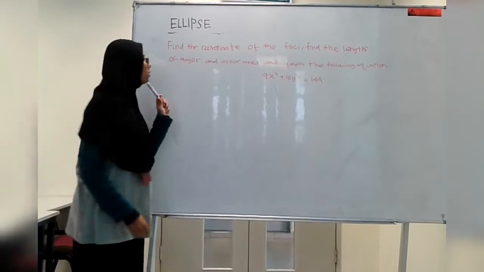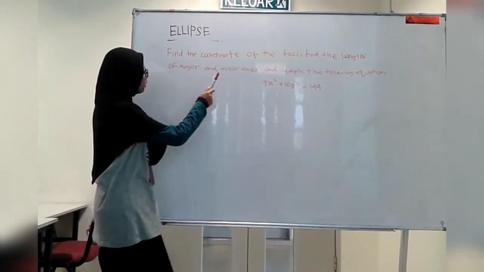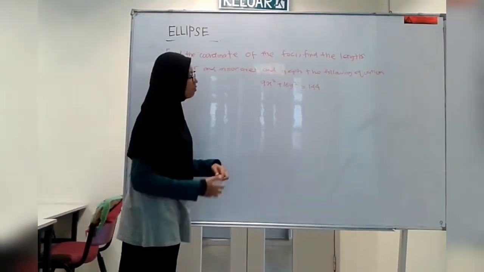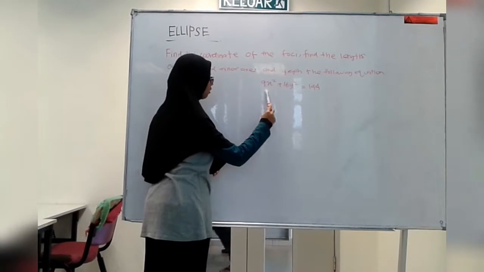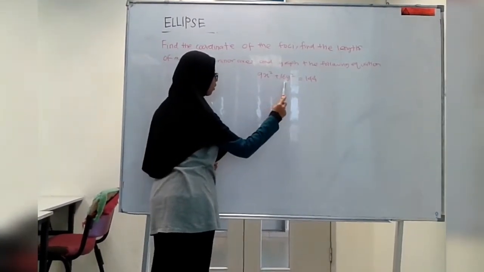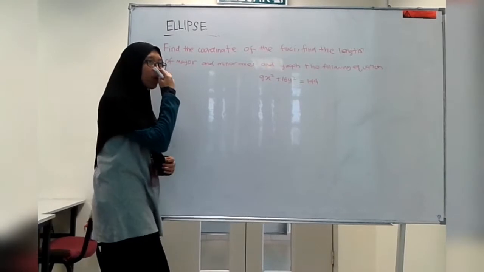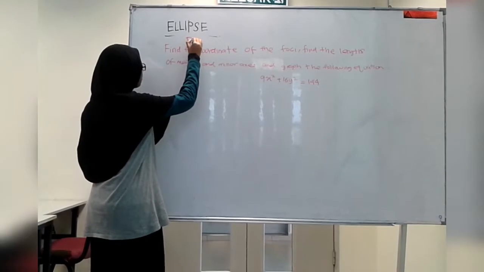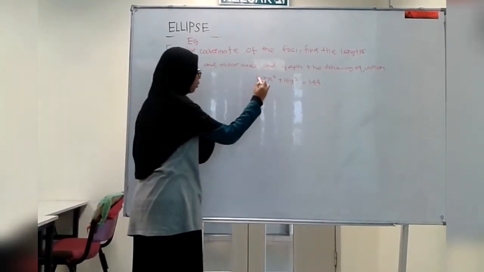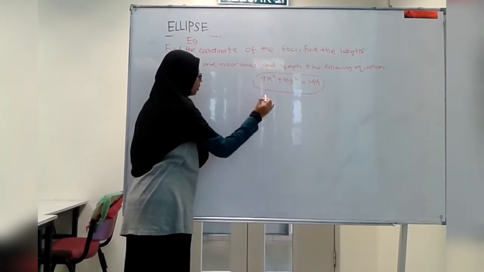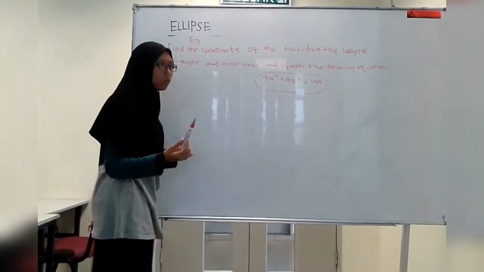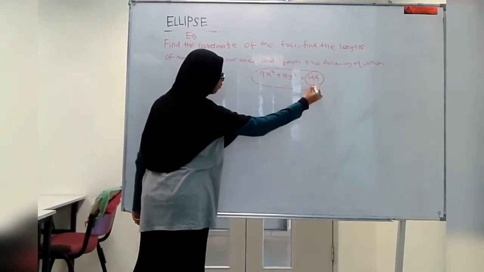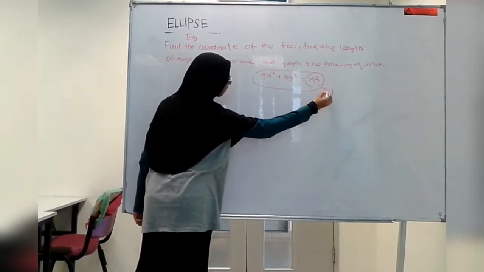Now we're going to the example question. Find the coordinates of the foci, find the lengths of the major and minor axes, and graph the following equation. They give this equation, 9x squared plus 16y squared equals 144. So we convert this equation to the standard equation of ellipse, making 144 become 1.